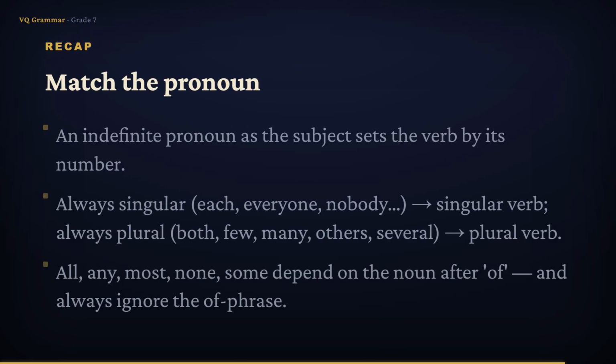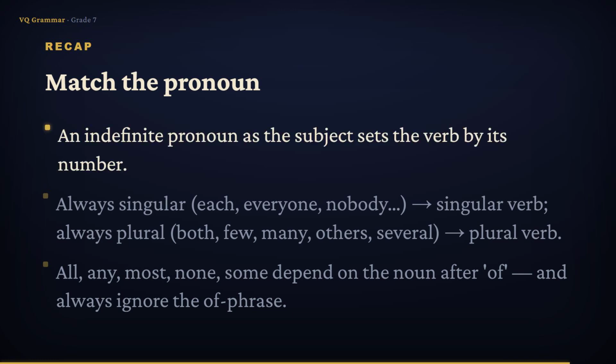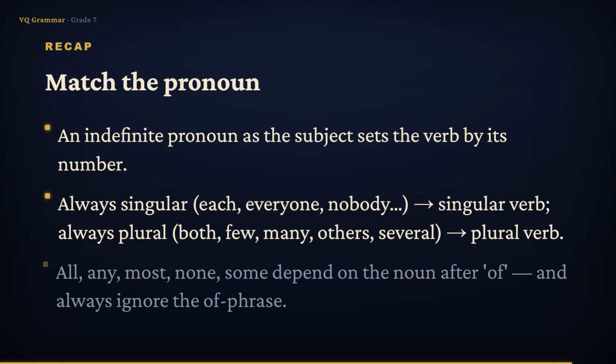Let's gather up what we learned. When an indefinite pronoun is the subject, its number sets the verb. One group is always singular, words like each, everyone, and nobody, and they take a singular verb. Another group is always plural, both, few, many, others, and several, and they take a plural verb.